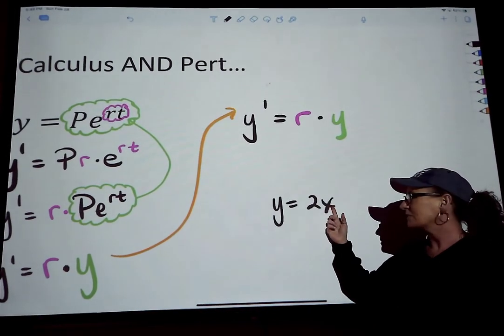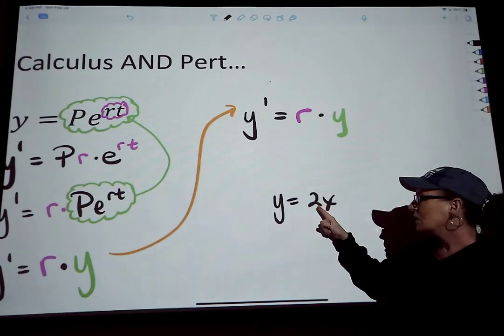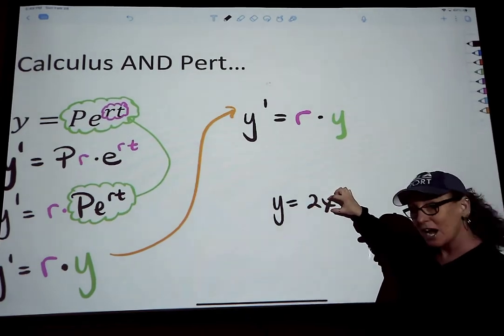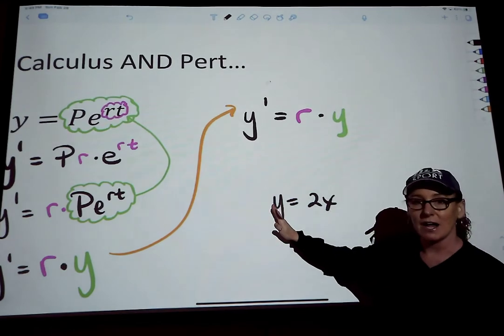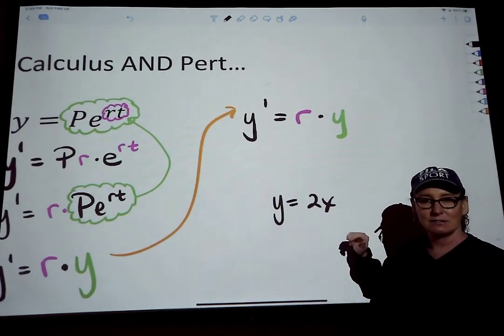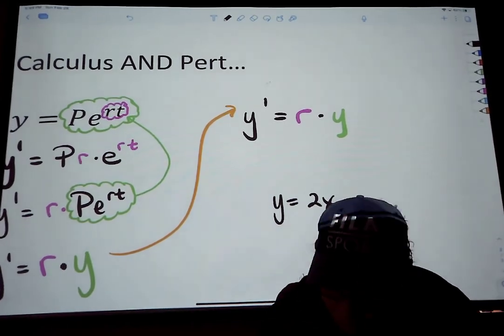When you have a constant times a quantity, we can say y is directly proportional to x.